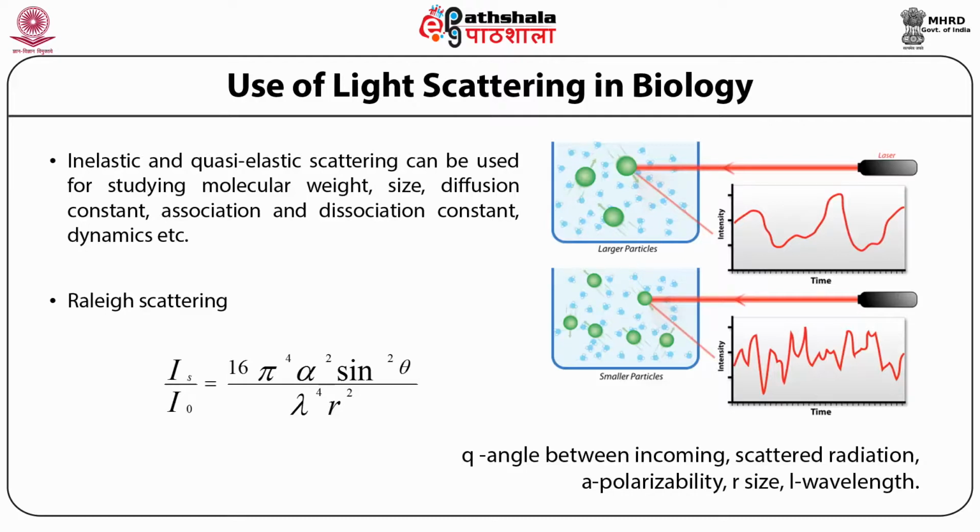Theta here in this equation given by Rayleigh depends on the angle of incoming and scattered radiation. Alpha in this equation is polarizability, r the size of the particle, and lambda the wavelength. So by measuring theta, we can calculate the size of the particle, and if we monitor it, we can study the dynamics.